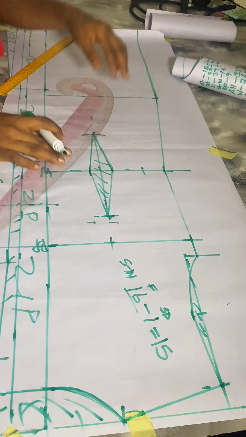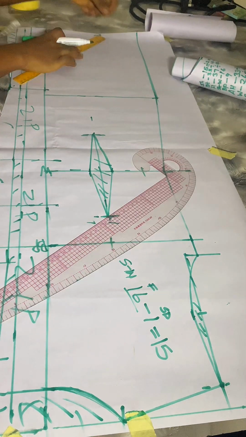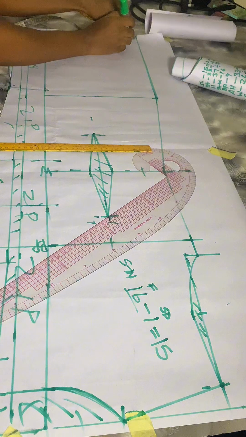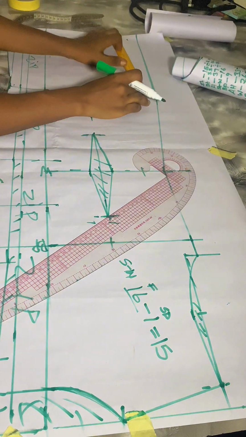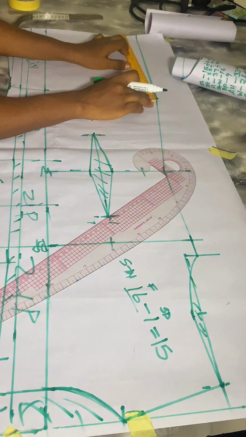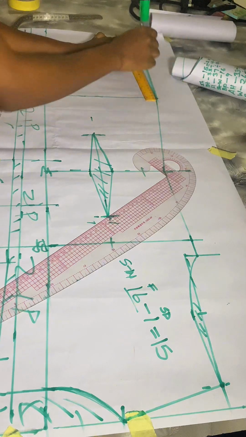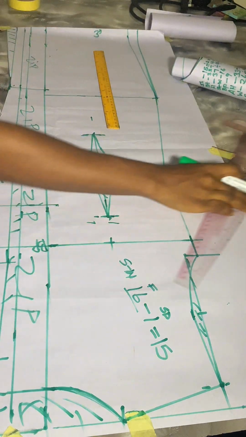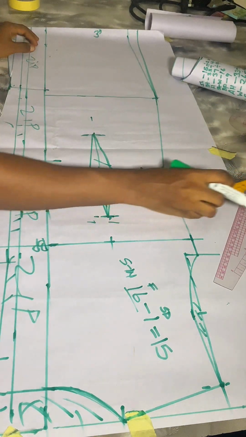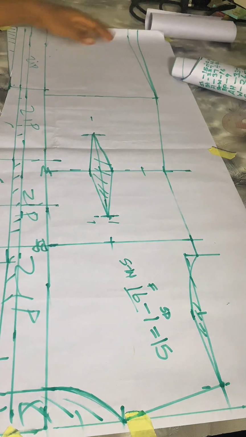I'm going to remove 1 inch here. And we are going to join it to give it pencil down. So this is it.